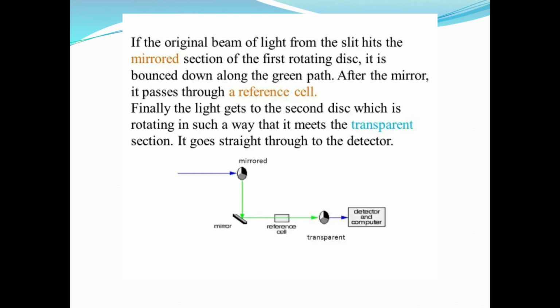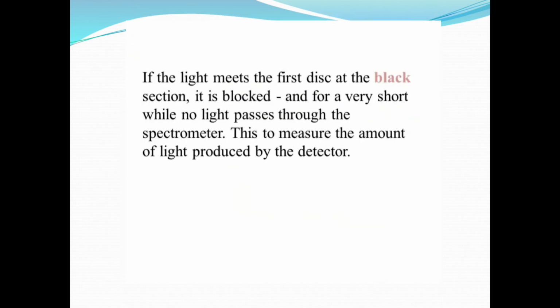It goes straight to the detector. In this diagram, the vertical beam of light hits the mirrored region, passes downwards to the mirror and is reflected into the reference cell, then transmitted through the transparent section to the detector region, which is maintained by the computer.